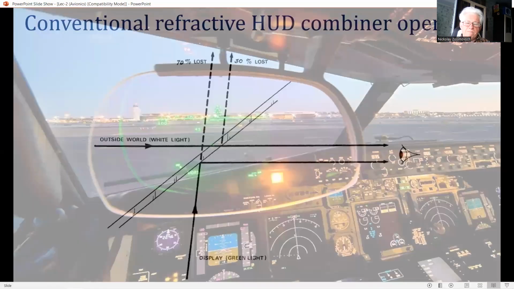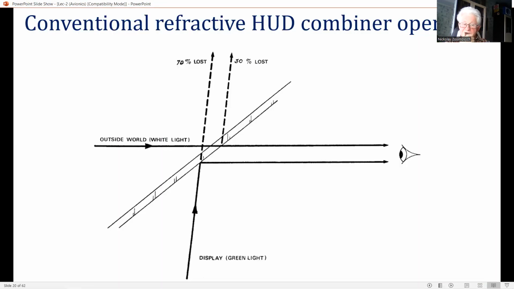The conventional combiner glass in a refractive HUD has a multi-layer coating, which reflects a proportion of the collimated displayed imagery and transmits a large proportion of the outside scene, so that the loss of visibility is fairly small.